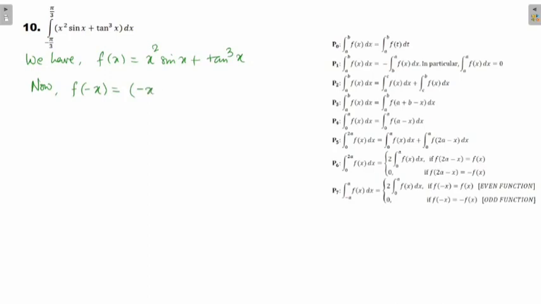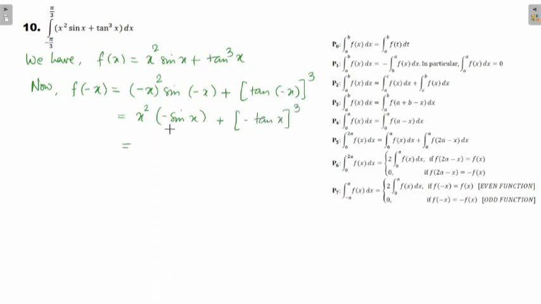So we have minus x square times sine of minus x plus tan of minus x whole cube, right? Minus square is plus, so it becomes x square. Now this becomes minus sine x, because sine of minus theta is minus sine theta, plus similarly tan of minus x is minus tan x, and we have the whole cube as well.